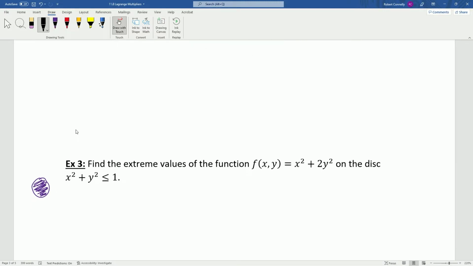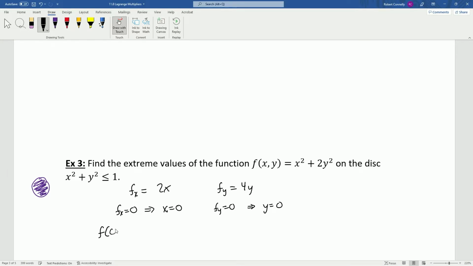So first we have to try to find a critical point of f. The partial derivative with respect to x is 2x, and with respect to y is 4y. So if this first one is 0, that implies x is 0. And if the partial derivative with respect to y is 0, that implies y equals 0. And so our critical point is 0, 0.